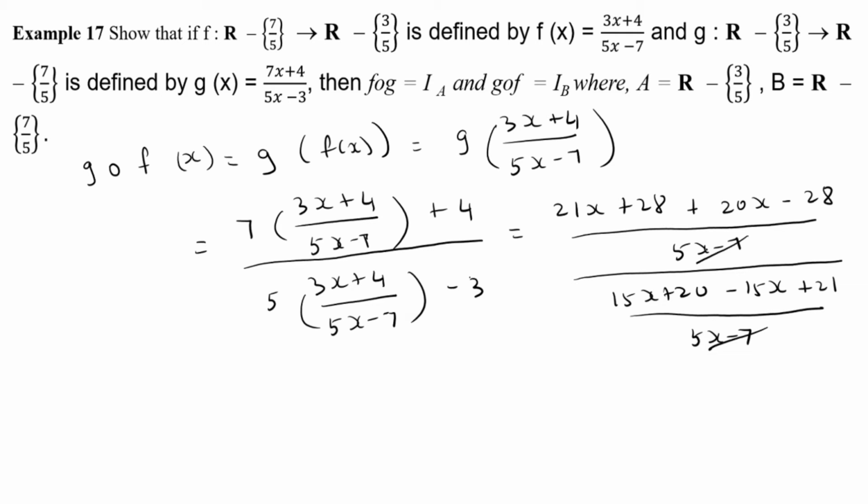So these two will go, plus 28 minus 28 will go, 15x minus 15x will go. So this is equal to 41x by 41, or this is equal to x. Which means g of f of x is equal to IB.